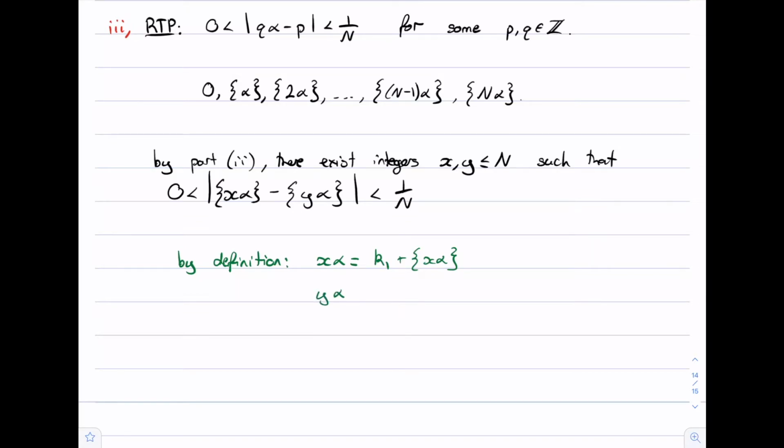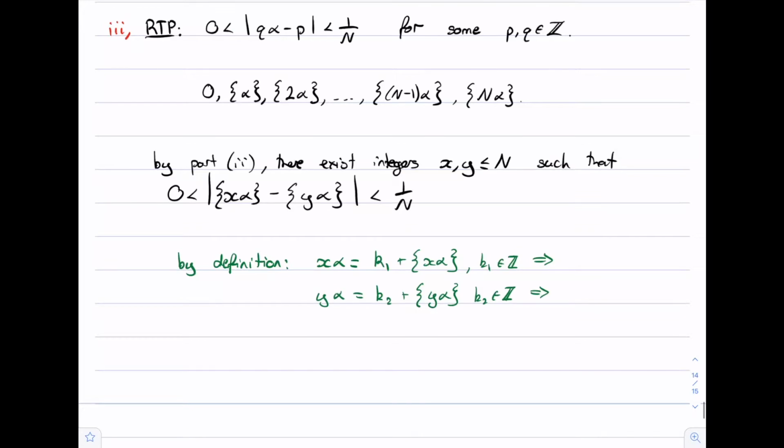And we also have y alpha equals k2 plus the curly brackets of y alpha. Here k1 is an integer, and same with k2. I'll rearrange both of these statements to make the fractional part the subject, and I get curly brackets x alpha equals x alpha minus k1, and similarly y alpha curly brackets equals y alpha minus k2.